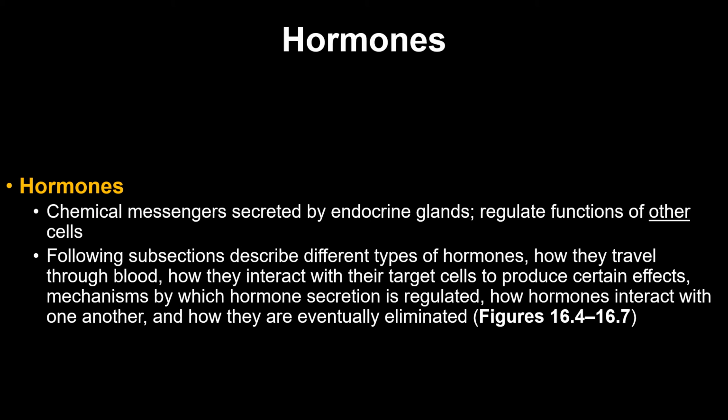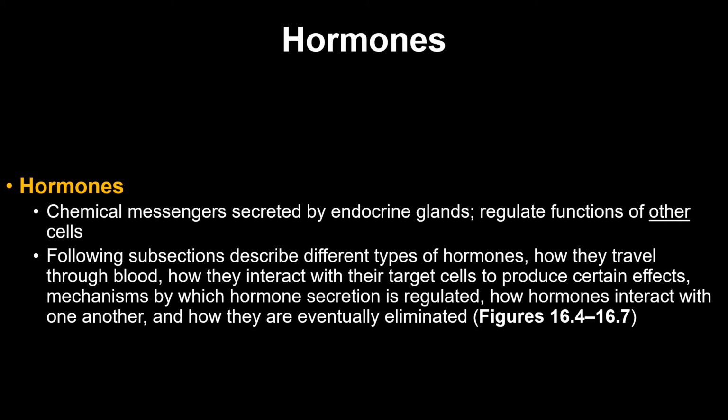Now, these hormones, as I've said, are chemicals that are going to regulate some functions of other cells. A good way to think of them is they're kind of like middle management of the human body. They are going to take an order from their endocrine organ, and then they're going to go tell other cells what to do by stimulating some sort of change in those cells.